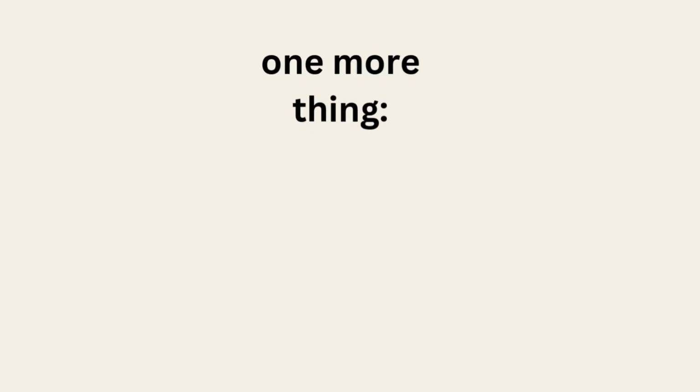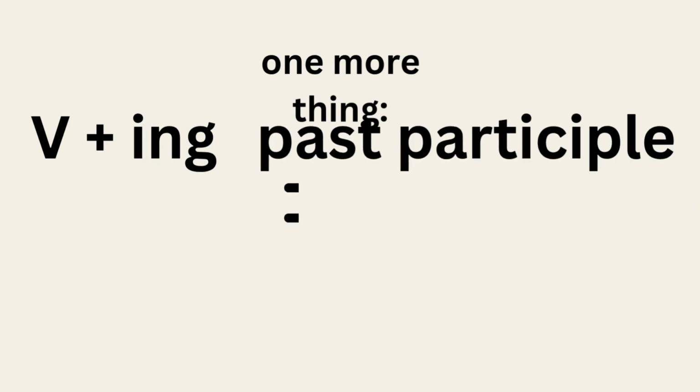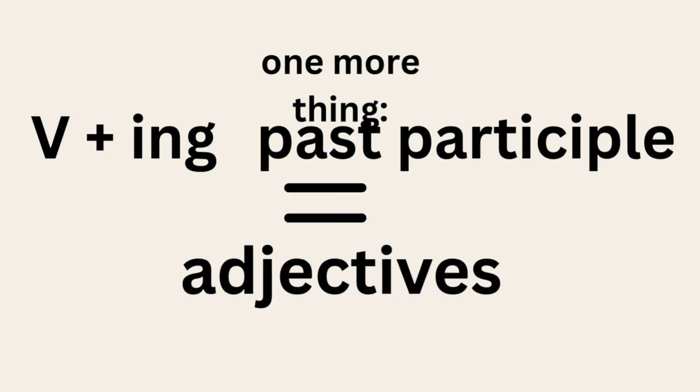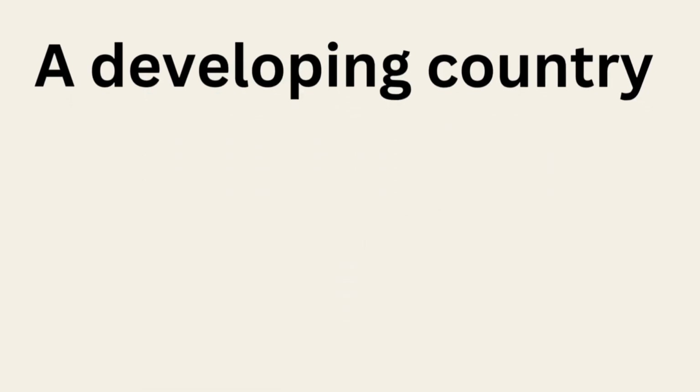Now, one more thing, and this comes up all the time, so don't skip this one. An ing word and a participle can both work like adjectives, and this is where things get a little confusing. So let's use one word, developing. Look at this. A developing country.